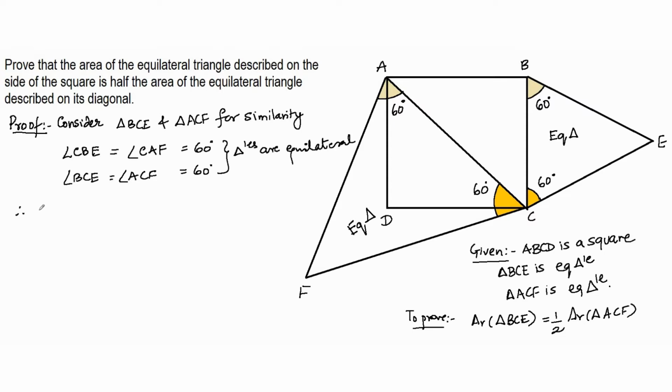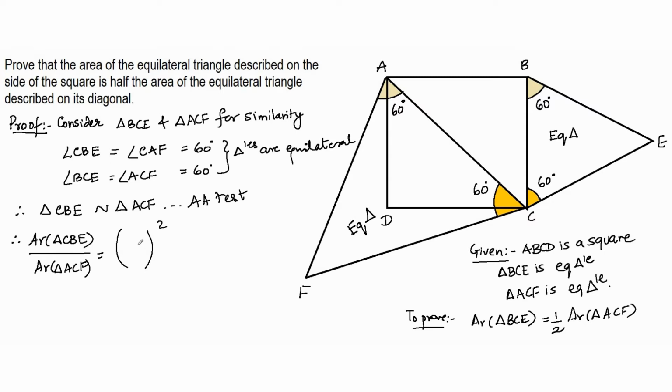And therefore I can say that triangle CBE is similar to triangle ACF by the AA test of similarity. And therefore area of triangle CBE divided by area of triangle ACF is going to be equal to the square of the ratio of their corresponding sides.